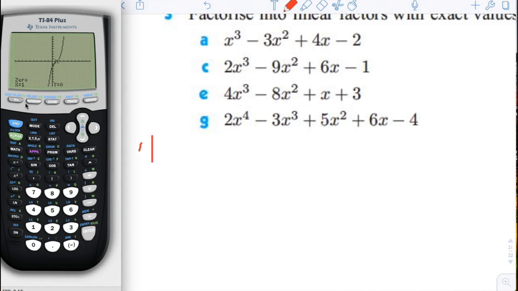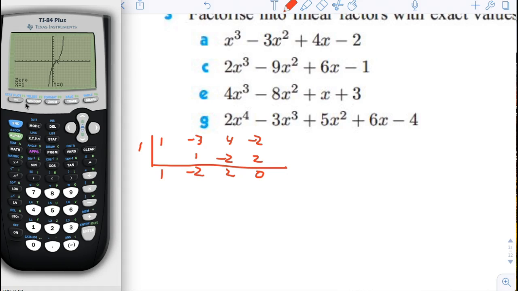And let's find the others by doing synthetic division. 1, -3, 4, -2. 1, -2, 2, 0.